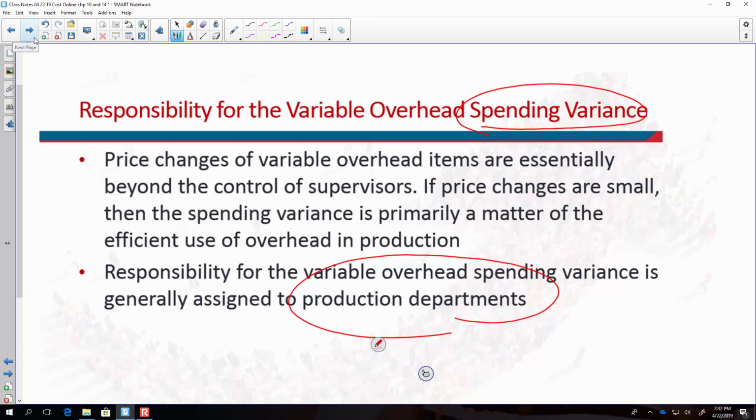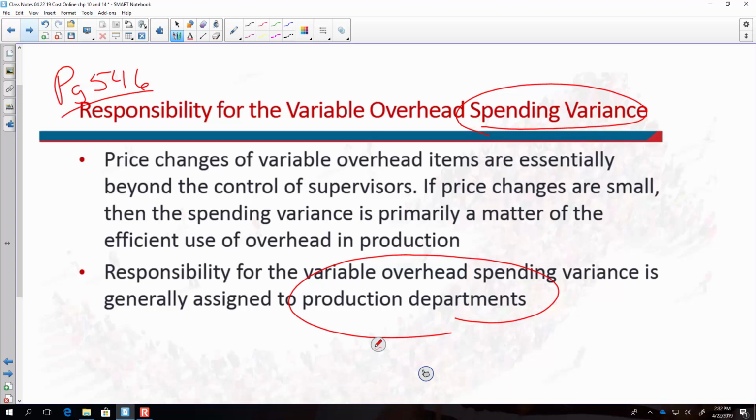So I just wanted to point that out. The spending variance is talked about on page 546. So take a look at that so you understand what variances they're talking about.